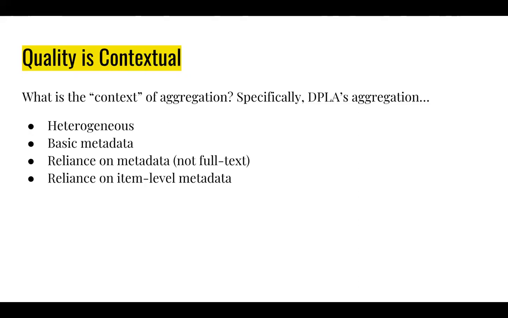And as I also described previously, we rely on item level metadata. So if you don't have individual records for materials or groupings of materials within a collection, but only have a single collection level finding aid or record, that's not going to work in the DPLA context either.